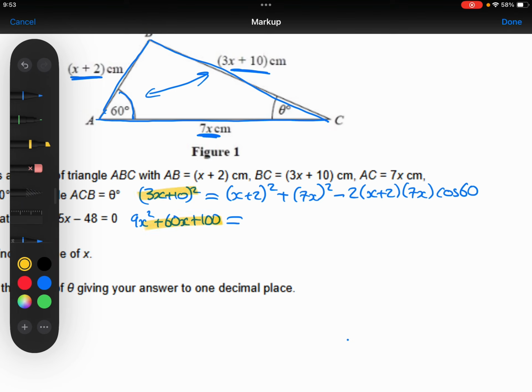This is me just expanding that out. Then we've got x squared plus 4x plus 4. Then we've got 49x squared, which is just the 7x times 7x.